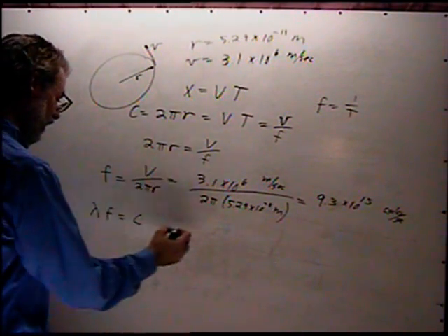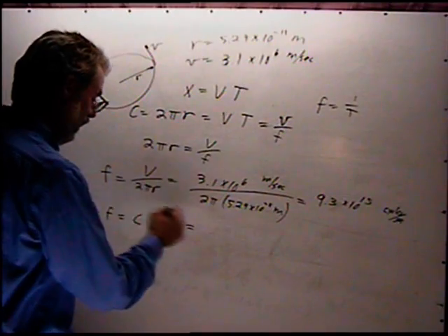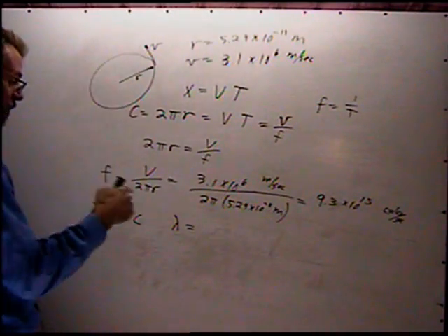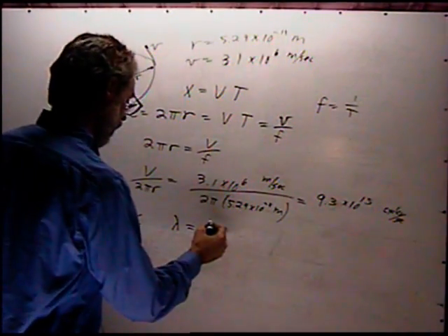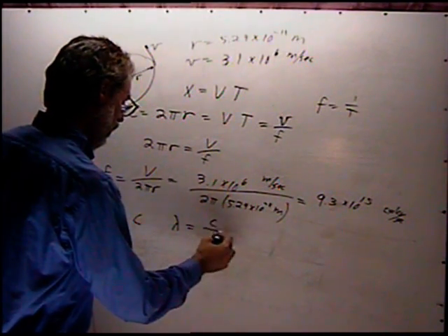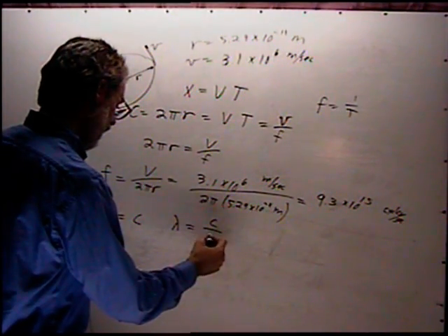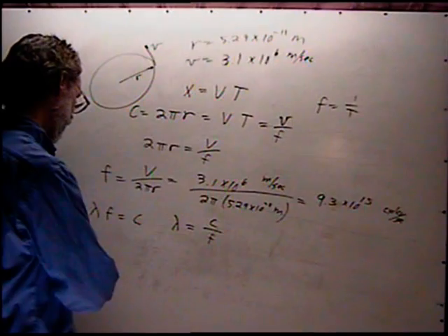So the wavelength, if this were light emanating from this at that frequency, would be the speed of light, which is given the symbol c, divided by the frequency.